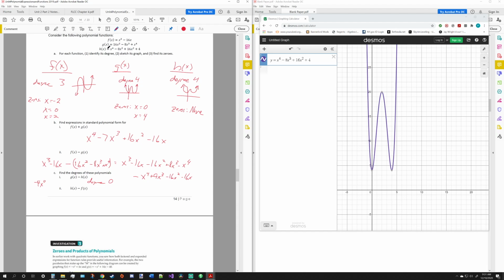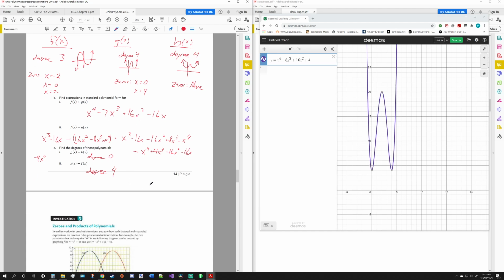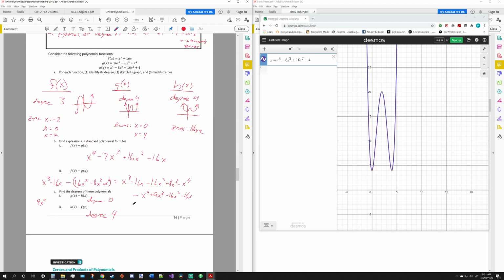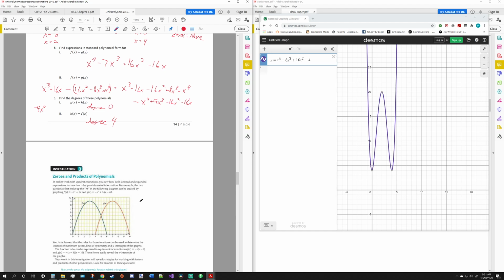If we take h of x and subtract f of x, h of x is a degree 4, and we're subtracting a degree 3. So I really don't have to think too much more about that. If I have a degree 4 and I subtract a degree 3, I still have a degree 4, because it didn't change anything with this term. All right, next page.